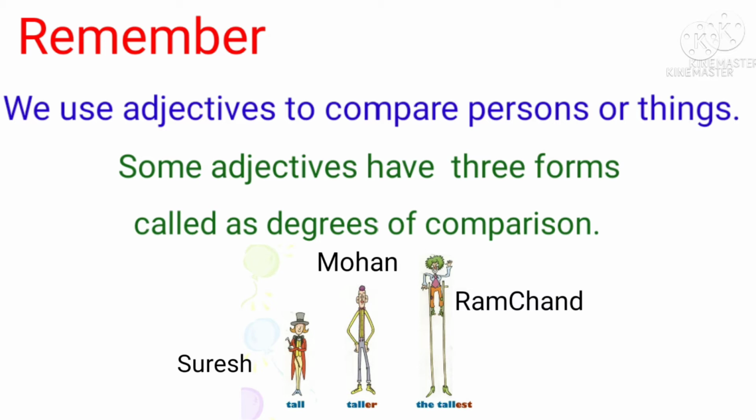Okay, so we have seen that some adjectives have three forms, which are called degrees of comparison. So guys, tall is the positive degree, taller is the comparative degree, and tallest is the superlative degree.